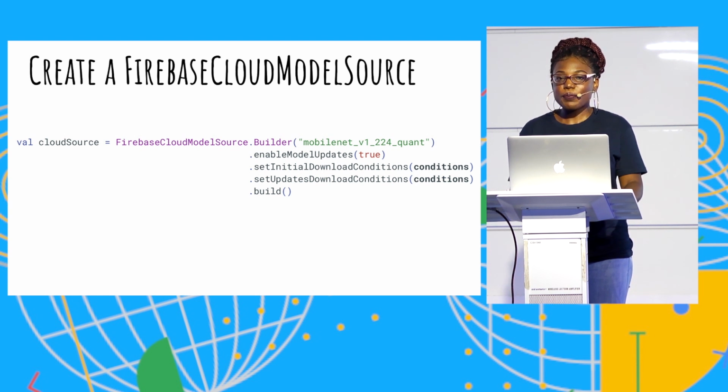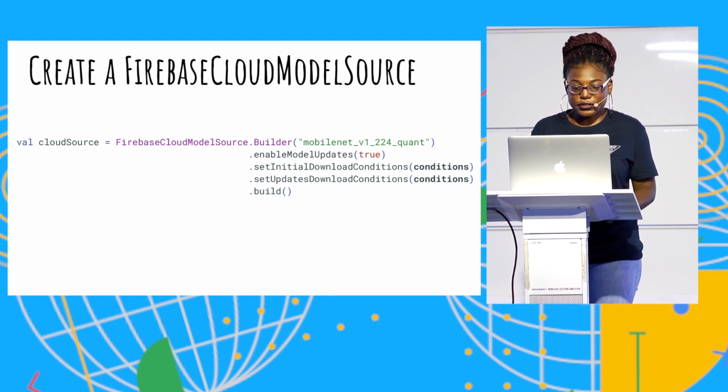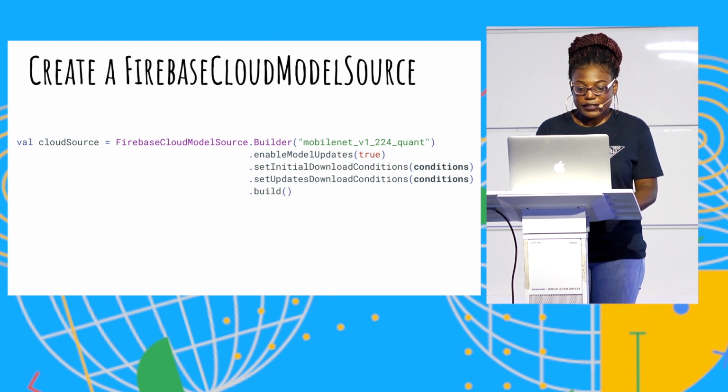And if we're working with models hosted on Firebase, we create a FireCloudModelSource object, and then we set the name. Remember, the name was set on Firebase when we uploaded it. We'll set the same name here too, and then we'll specify download conditions. We'll specify initial download conditions and update conditions.